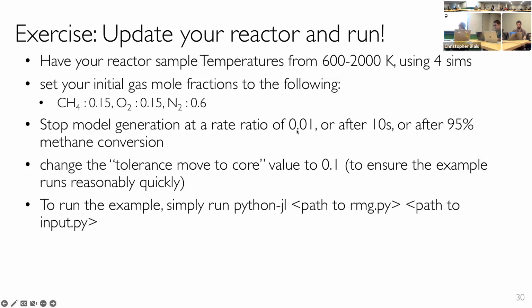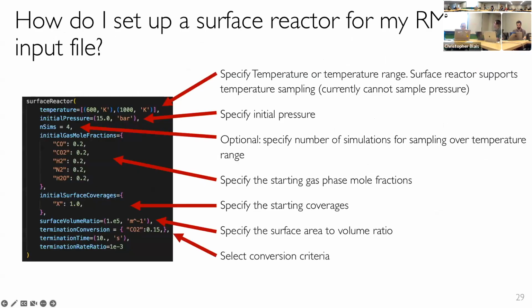Stop the model generation at a rate ratio of 0.01, or after 10 seconds, or after 95% methane conversion. What that looks like is what I have here: 10 seconds, termination rate ratio you can set to 0.01, and then for termination conversion, instead of CO2 0.15, we'll do CH4 0.95.